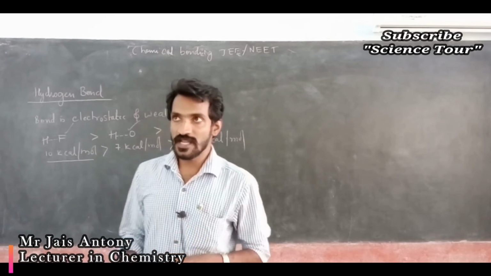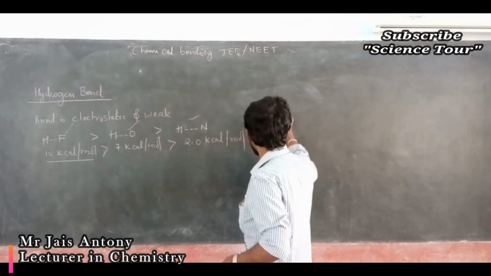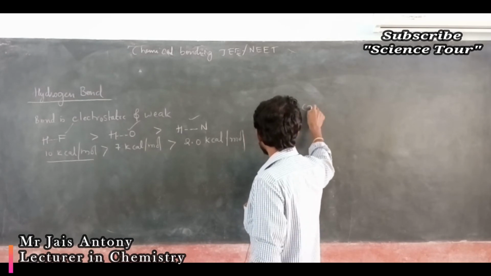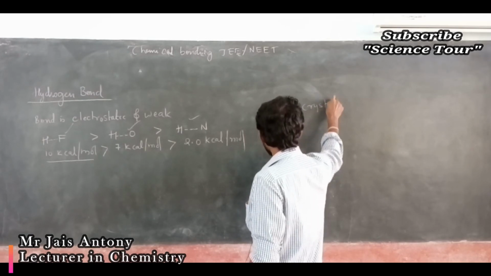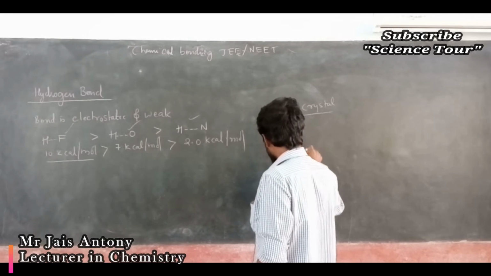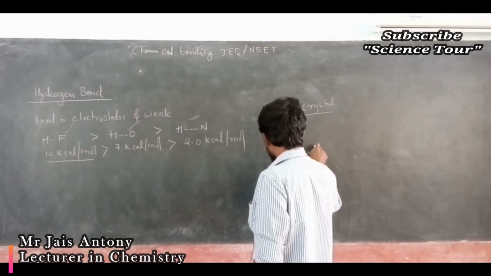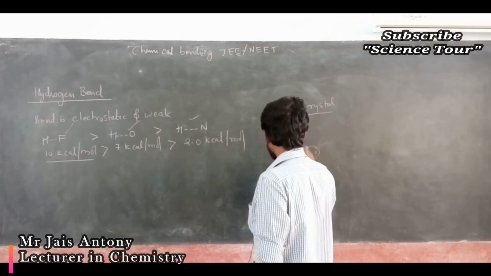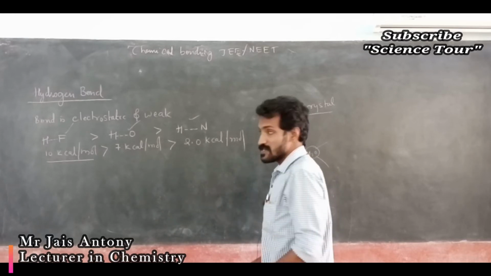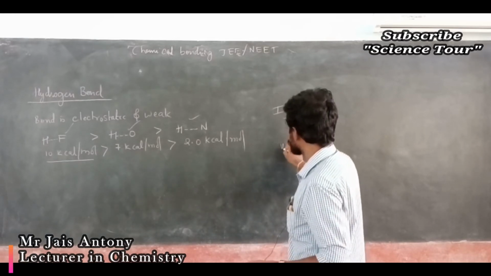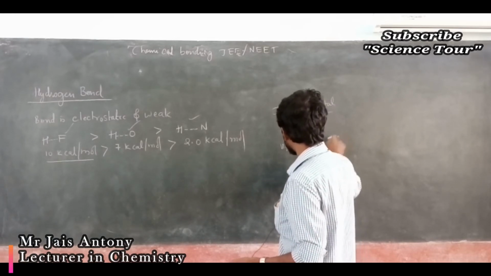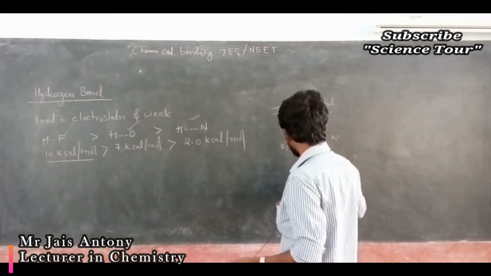Because in the ice crystal structure, what happens, each water molecule is attached to 4 different water molecules, like this. Understood?